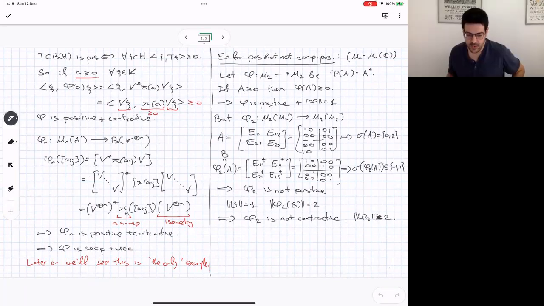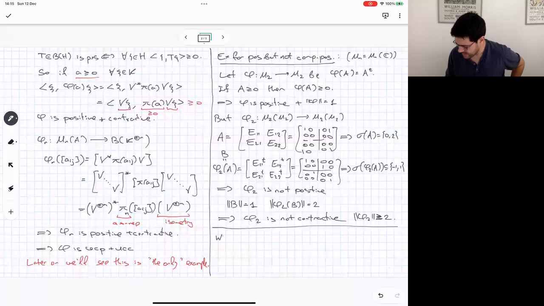So this is an example I want you to have in mind, and I also want you to think more about this example. So what happens with a transpose map psi from M3 to M3, where psi of A is equal to A transpose?